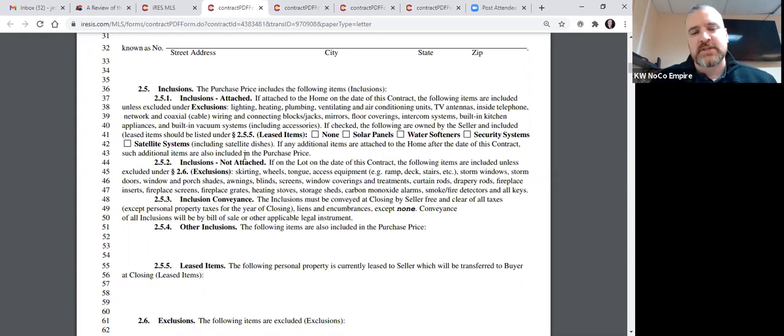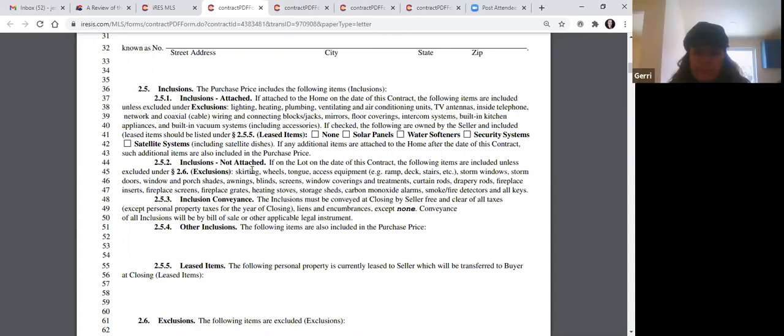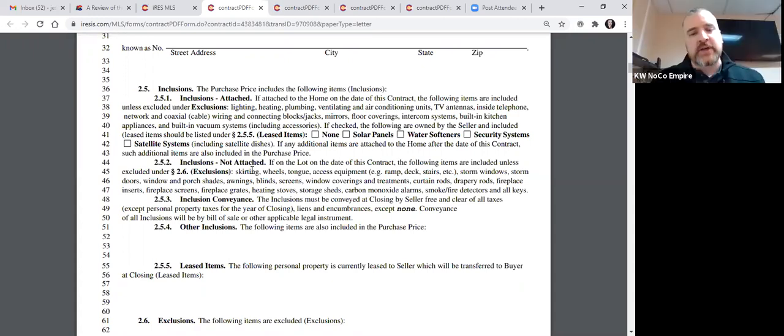In 2.5.2, it says if the following are located on the lot on the date of the contract, then they will be included unless they're listed under the exclusions as well. This is where we have some new stuff that is not in the contract to buy and sell. The skirting, that's the trim piece that goes around the bottom of manufactured or mobile homes.